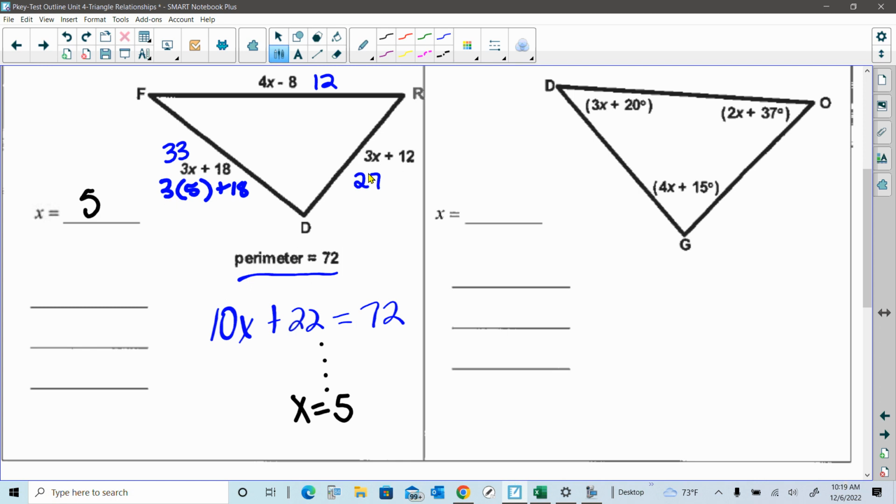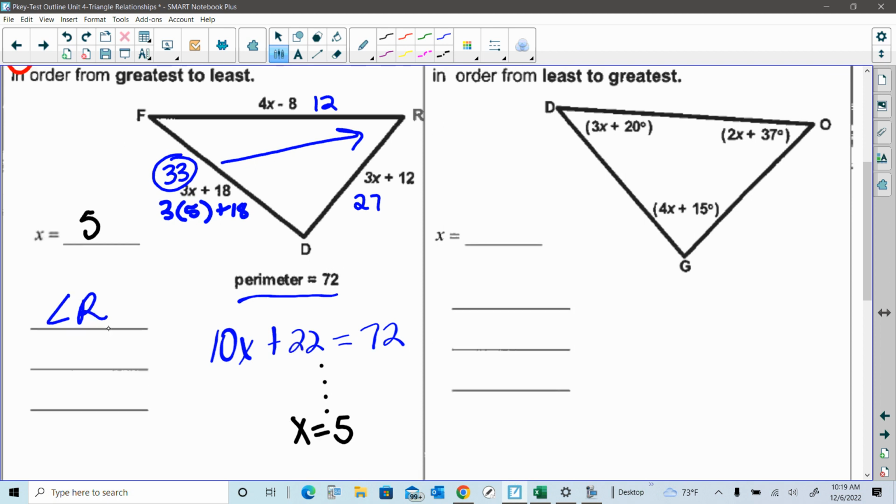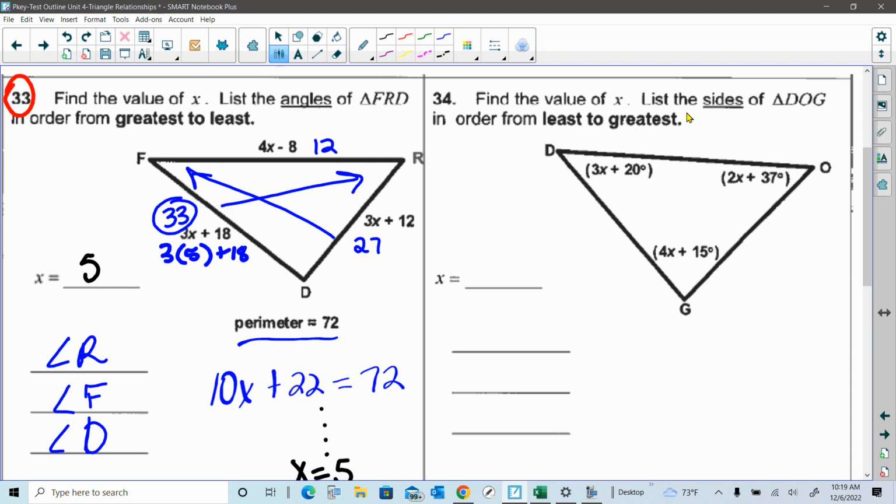And now to order them from greatest to least, you go opposite. This is the biggest number, I'll look across. It's going to start off with angle R, then it should go across to angle F, and then the last one is angle D. So to order the sides, you have to find the x first.